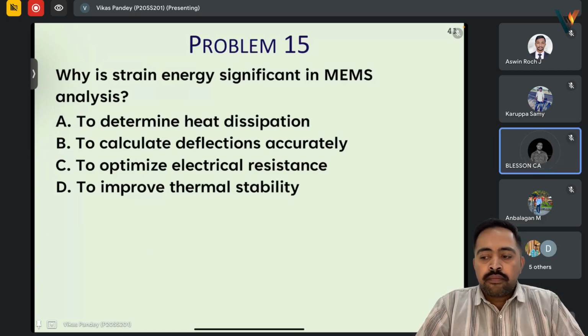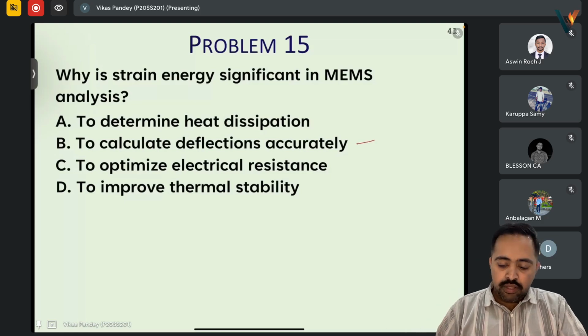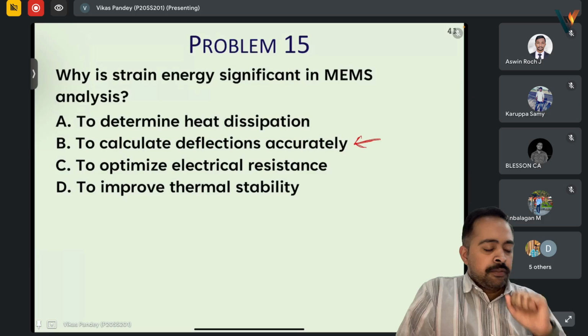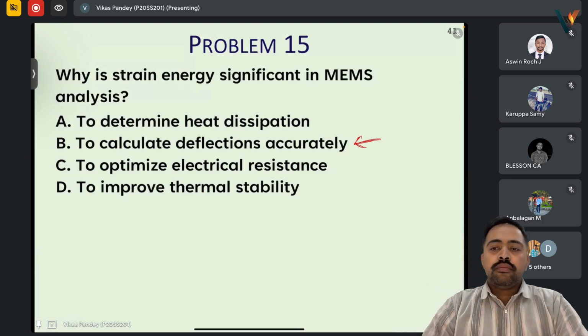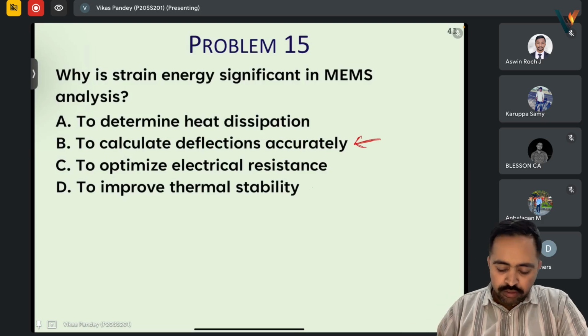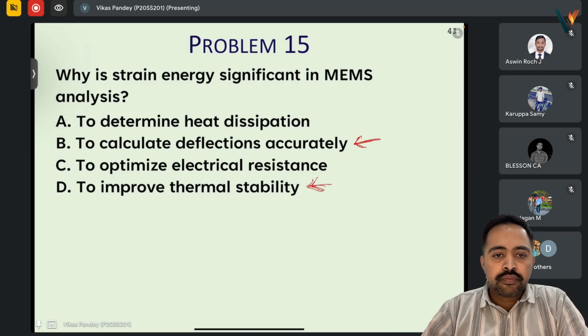Option B. Okay. Yeah, any other answers? Yes, anyone? Option D, sir, to improve thermal stability. Yes.